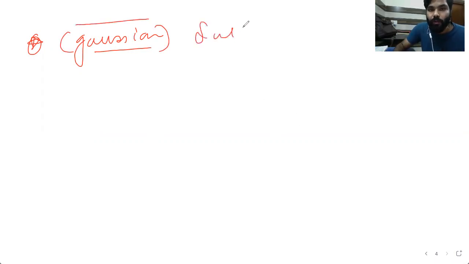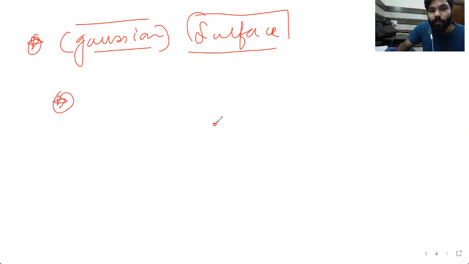Gaussian surface is a surface where electric field is constant. In simple words, suppose a point charge having charge Q is placed in a room, and you have to find the Gaussian surface for this point charge.